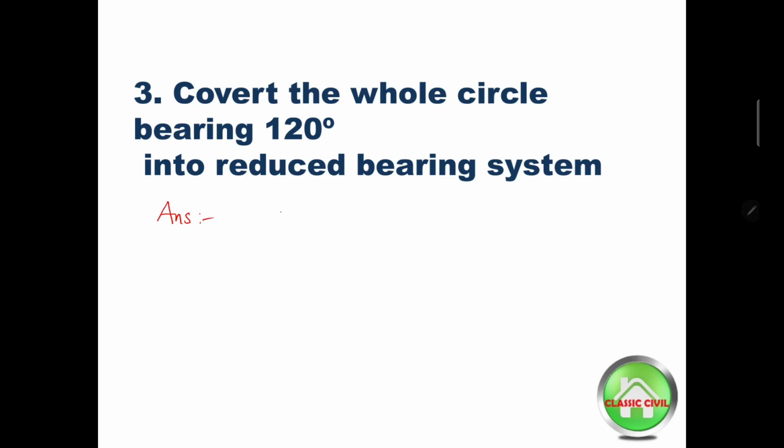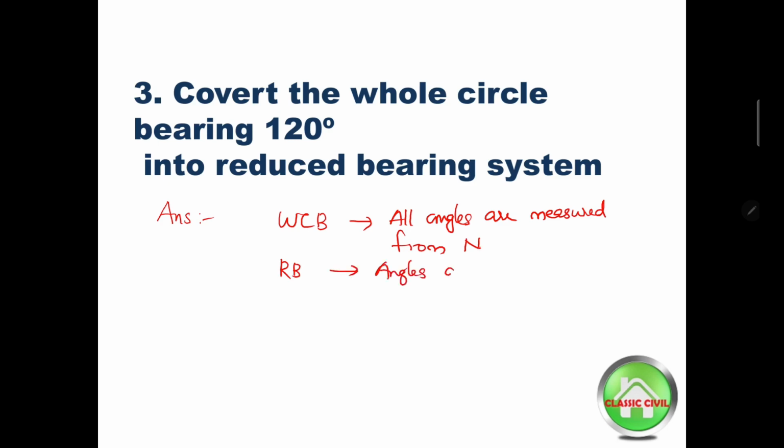In whole circle bearing system, all angles are measured from north direction. In reduced bearing system, angles are measured from the nearest south or north.